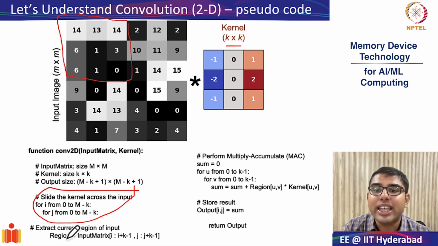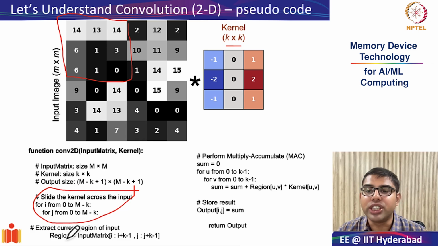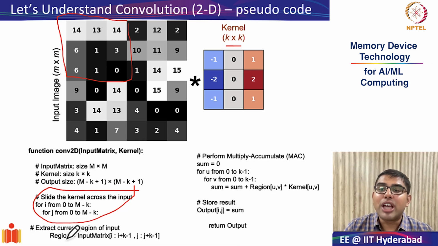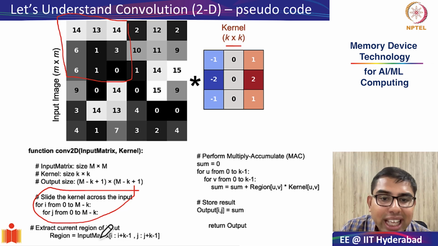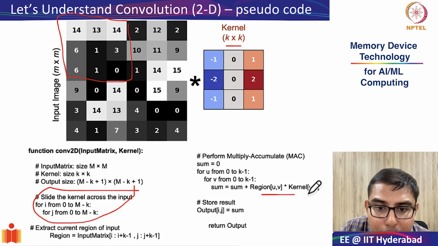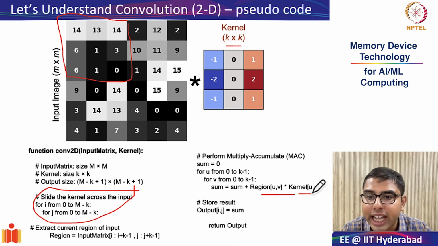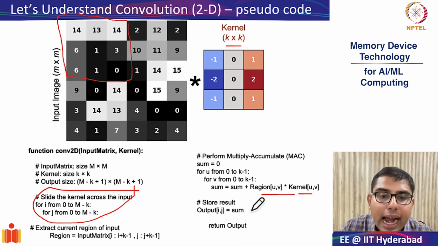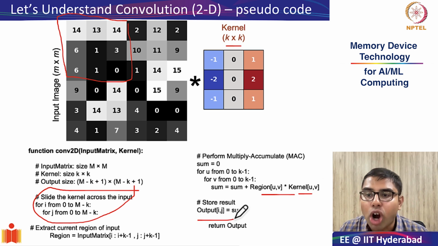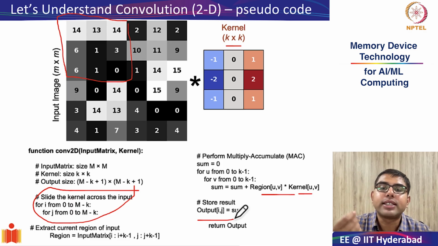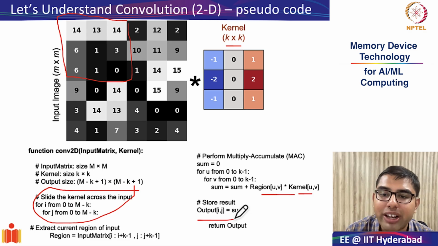Now comes the key operation, which is your multiply and accumulate operation. Here what we are doing, we are multiplying each entry in the region corresponding to the kernel. Remember, for each and every element, there is an element wise multiplication. And finally, you add up all these products and this sum becomes a single number in the output matrix.